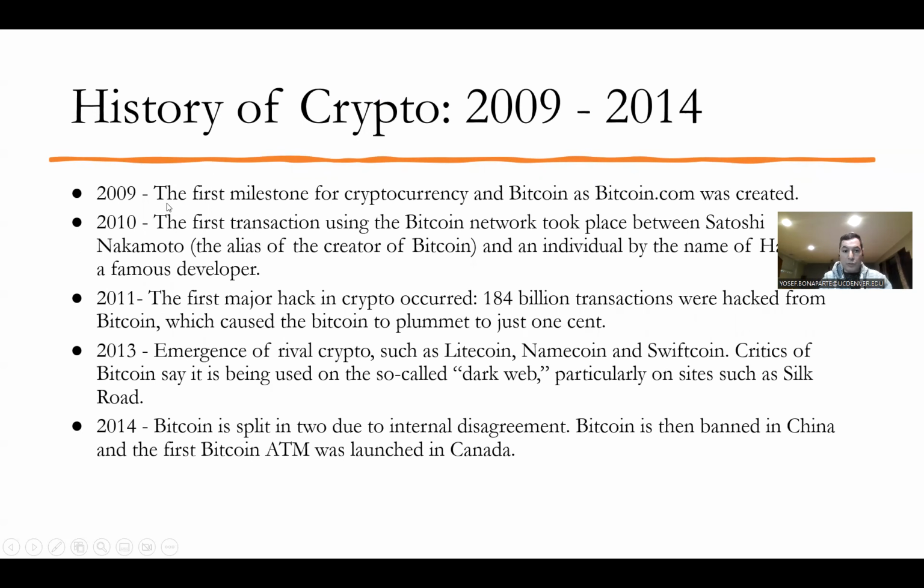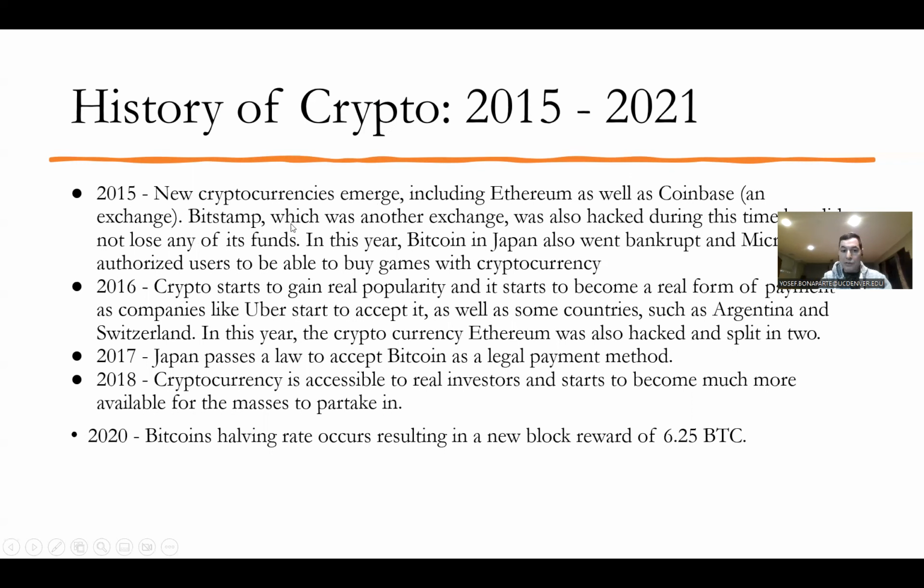From 2009 to 2014, the first milestone of cryptocurrency and Bitcoin happened, and we talked about the emails and the two pizzas. Then in 2014, Bitcoin was split into two due to internal disagreement. Bitcoin was then banned in China, and the first Bitcoin ATM was launched in Canada. There is more history.